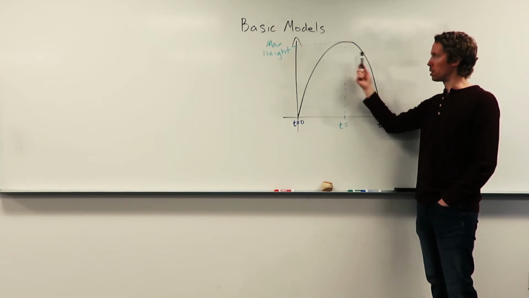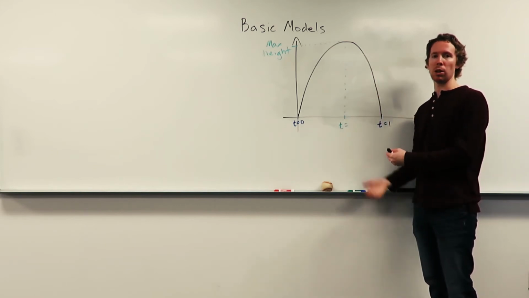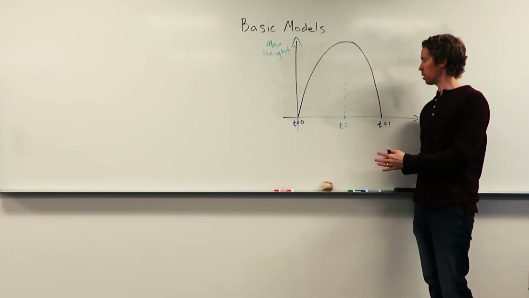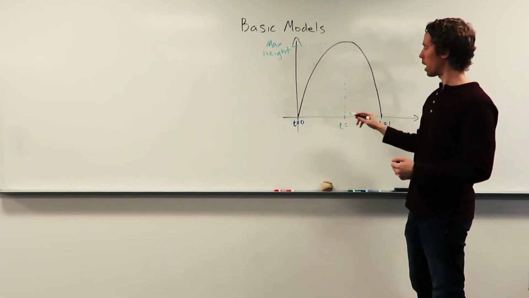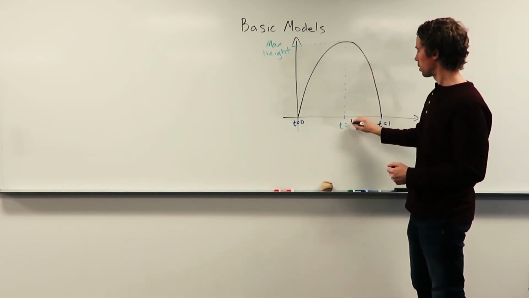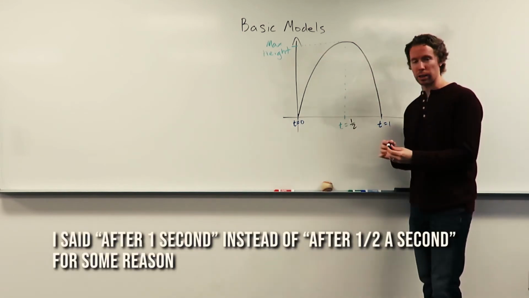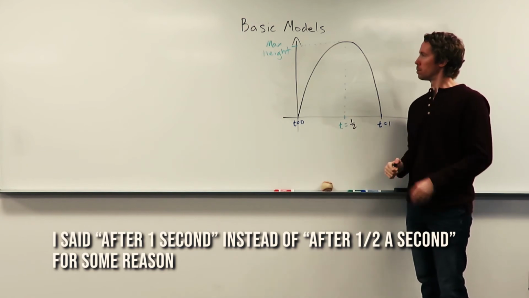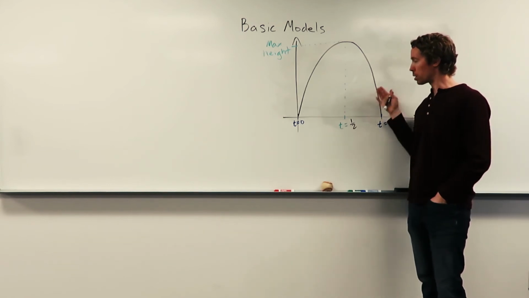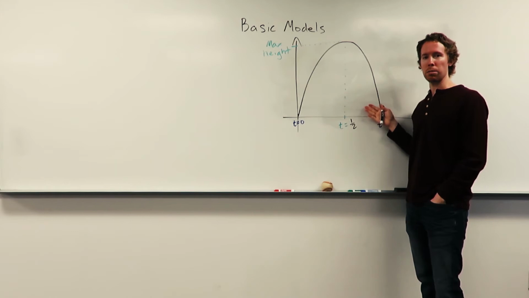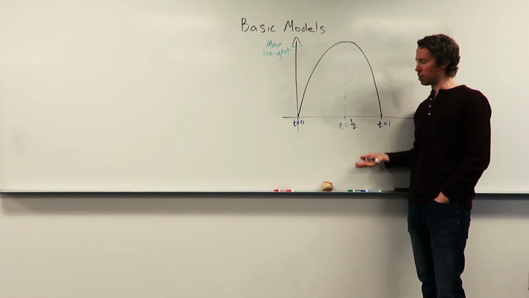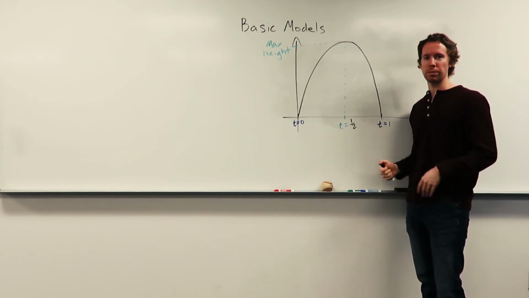Because this parabola is symmetric, it takes the same amount of time for the ball to go up as it takes to come down. So we know that this max height would be happening after half a second in that case. So this is our basic example of a quadratic model. It's just tossing a ball up into the air.